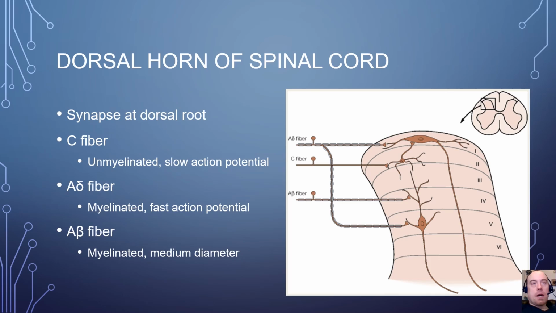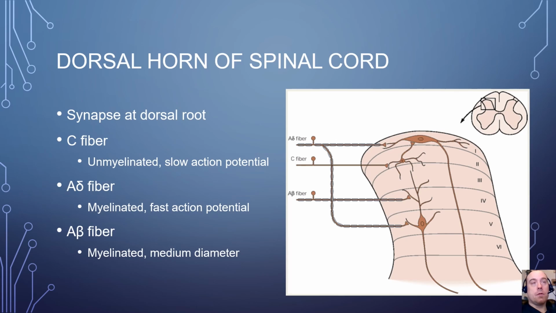So this slide shows in more detail the different types of nerve fibers. They basically all synapse at the dorsal root in the spinal cord. You can see that up here. So we have C fibers, which are slower for conducting the pain stimulus, A delta fibers, and then A beta fibers. The A delta fibers are myelinated.